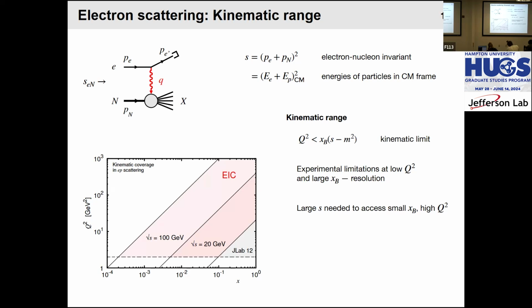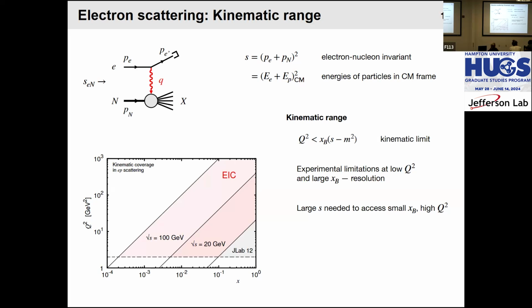So this means that in scattering at a given center of mass energy, the kinematic coverage looks as follows. It's in this plot here, which has X on the horizontal axis on a logarithmic scale and Q square on the vertical axis on a logarithmic scale.